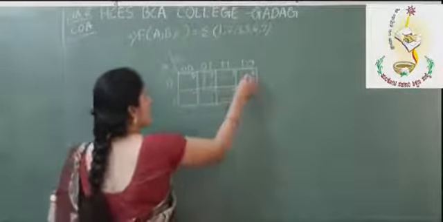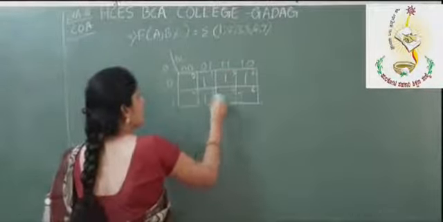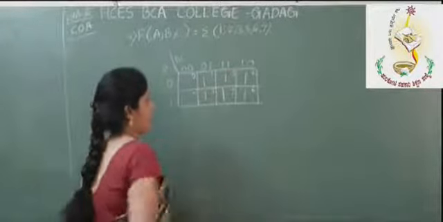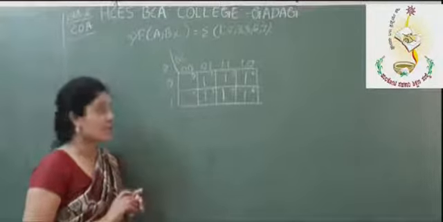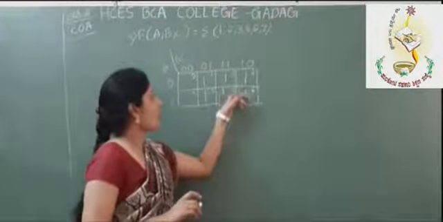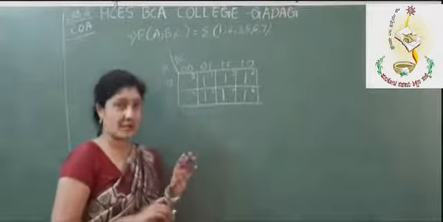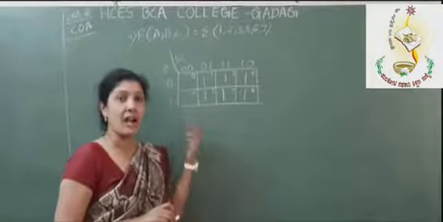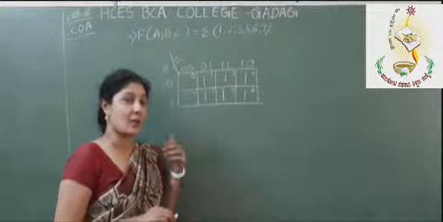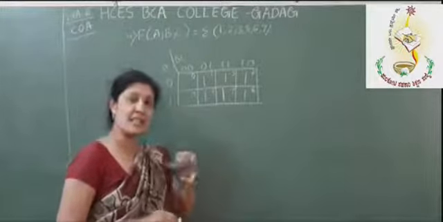See, 1, 2, 3, 5, 6, 7. Okay, now look at this. See here, totally we are having how many values? 6. And all 6 are adjacent to each other. Now you can ask me a question like, can we group all these 6?